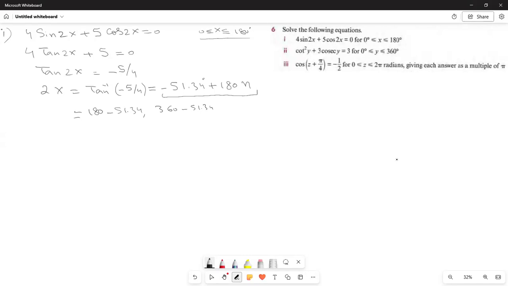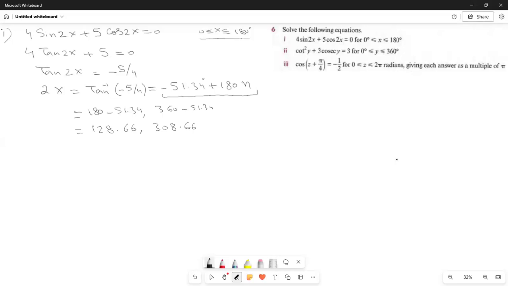And I will use only these two values. So 180 minus 51.34 gives me 128.66, and the other value I will get is 308.66. You may say that this is beyond this range, but you will see why I am talking about this one.